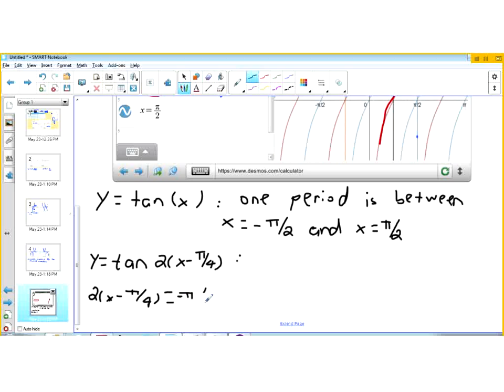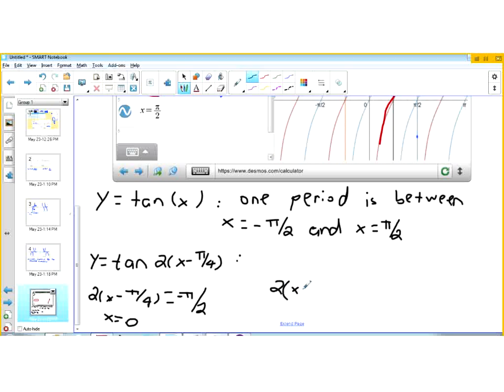This would be the start of a period, the interval of a period. And then we solve for x. So x is equal to 0.